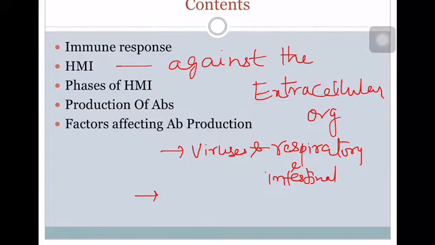HMI has a role in preventing the reoccurrence of viral infections and also participates in type 1, type 2, type 3 hypersensitivity.